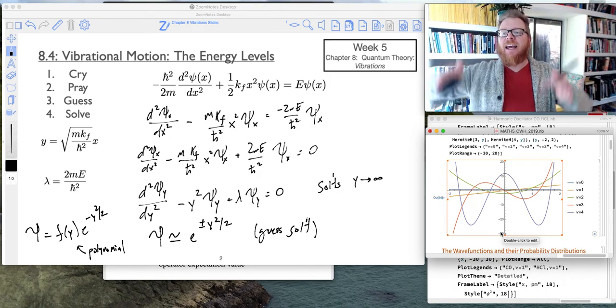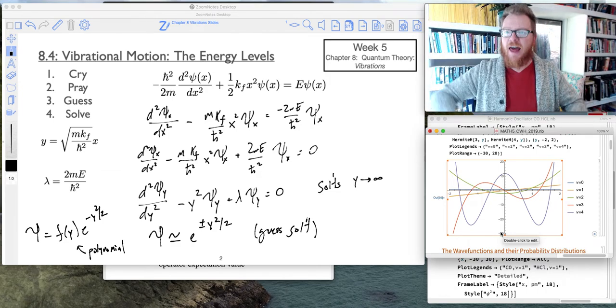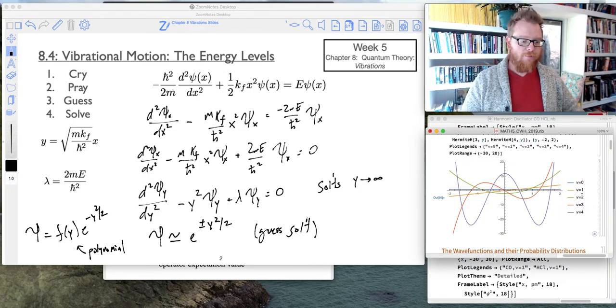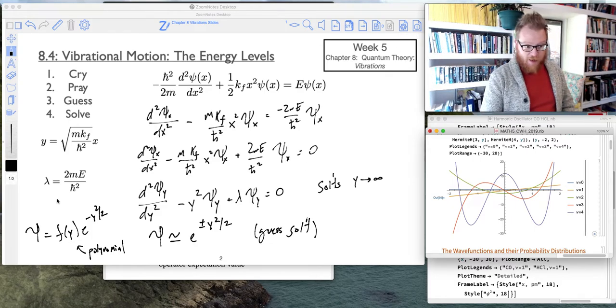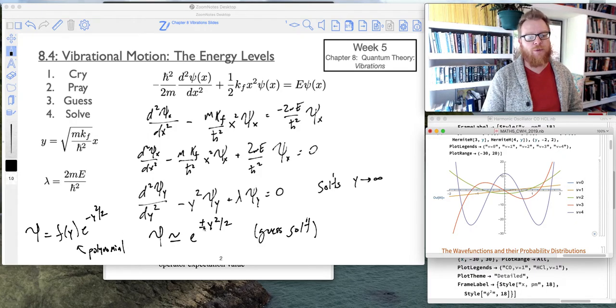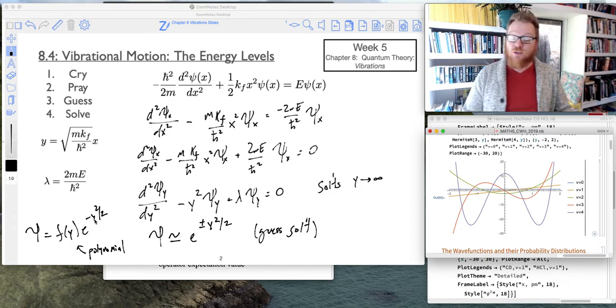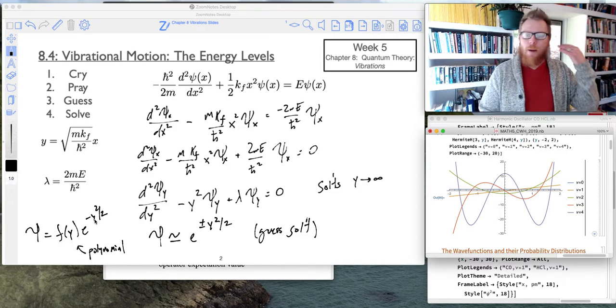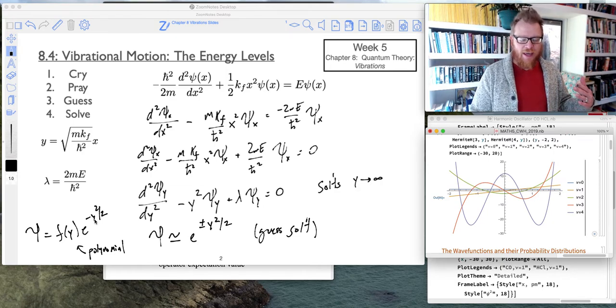That gives us that asymptotic cutoff for our large displacement. So this becomes our guess solution: psi equals f of y times e to the negative y squared over 2. The standard procedure is to ignore the plus solution because e to the minus y squared, as we shall see, describes a Gaussian distribution, which is also going to help us get a physically meaningful solution.